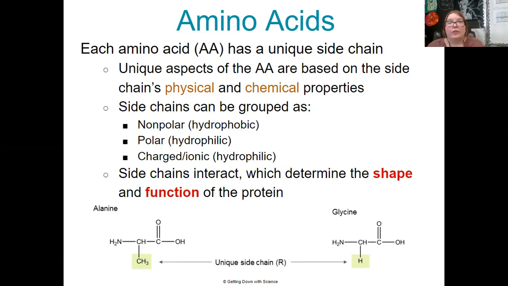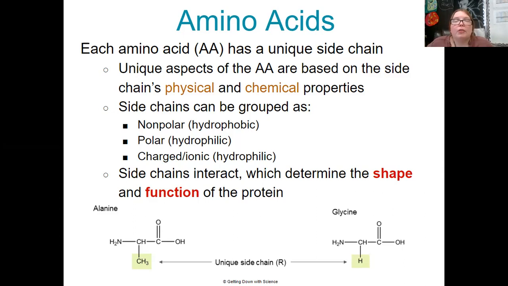Nonpolar means hydrophobic. Phobic, like if I'm phobic of spiders, I'm afraid of it. So nonpolar is afraid of water. It won't dissolve in water. Polar is hydrophilic, meaning that it loves water.